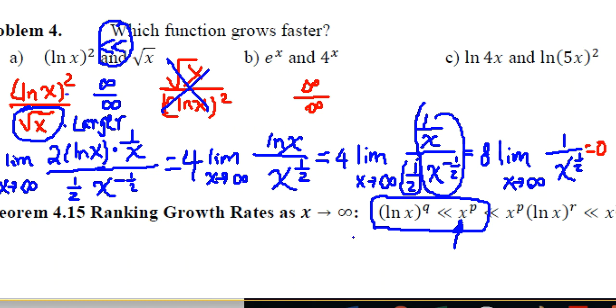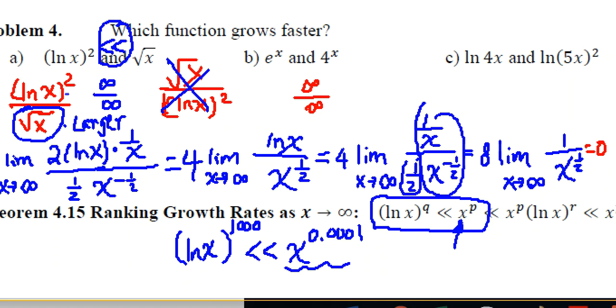In other words, if I ask you which one grows faster, x raised to 0.0001 versus natural log of x raised to, say, 1 million, well, I cannot write 1 million, there are too many zeros, but say a huge power. Eventually, when x is big enough, this one will always be larger than the other. So that's the first result.